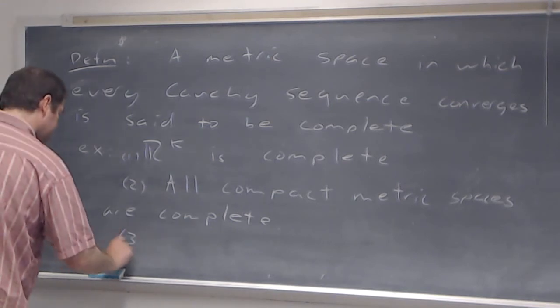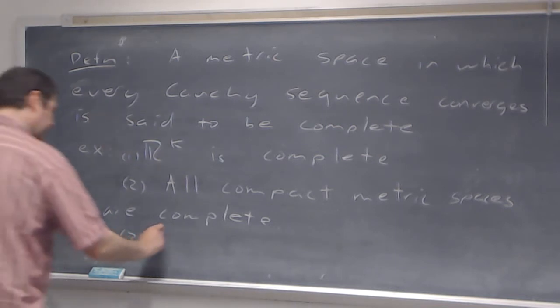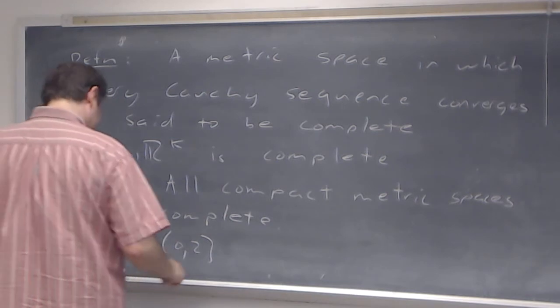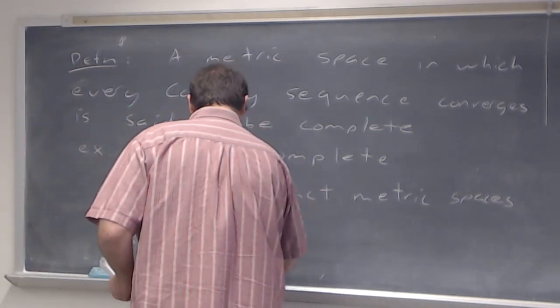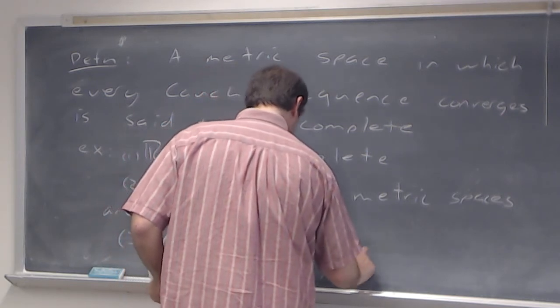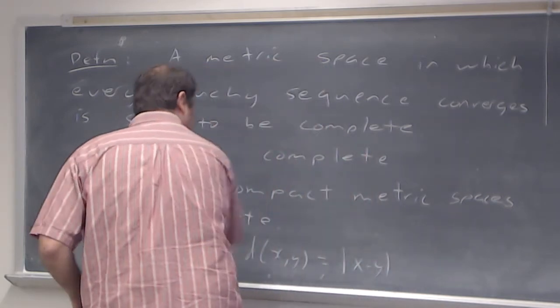And 3, we look at the set 0 to 2. It doesn't include 0, but it does include 2. And we have only the metric d(x,y) equal to the absolute value of x minus y. Then this space is not complete.